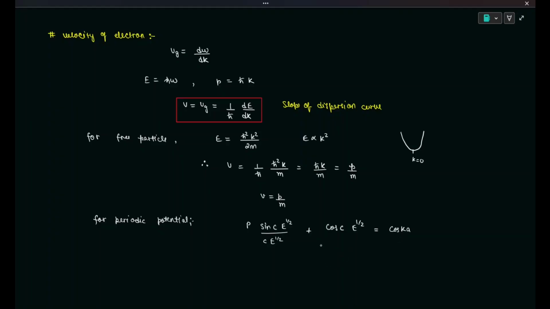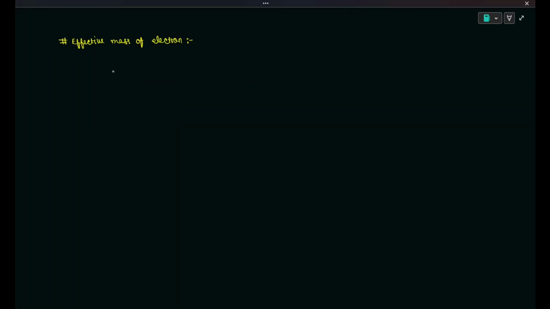But before that, let's talk about the effective mass of electron when it is traveling inside a periodic potential. Now let's consider a case when we apply an external field E on the motion of the electrons, which is present in the first Brillouin zone. And we are assuming that there is only one electron in this Brillouin zone so that it doesn't violate the Pauli exclusion principle.